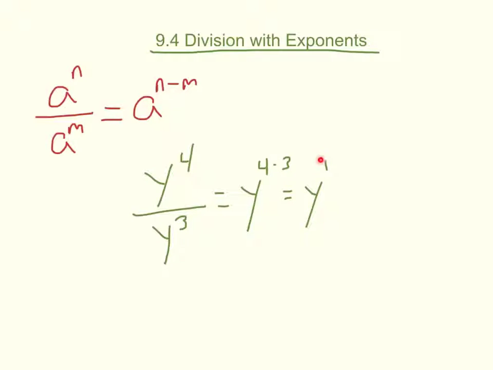I'll probably accept that right now in your work, but we should get used to writing a variable with an exponent of 1 as just y. The 1 should just be understood.